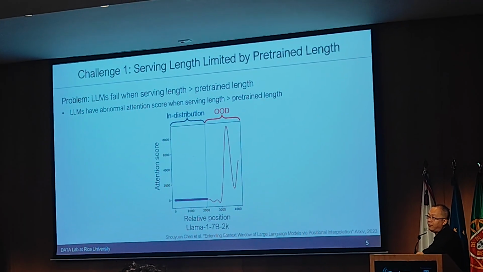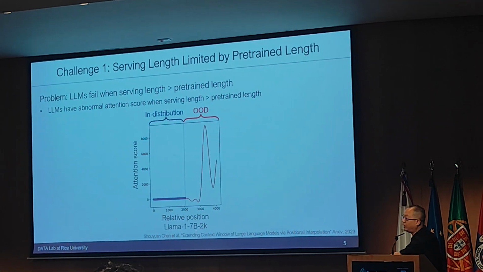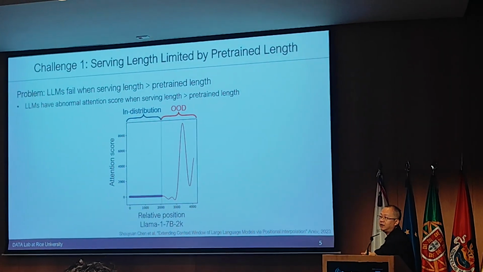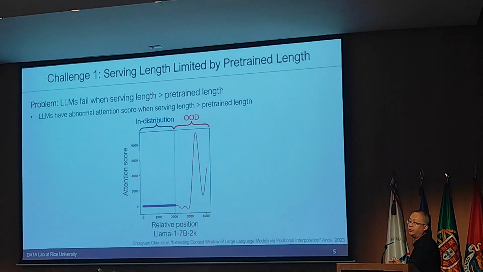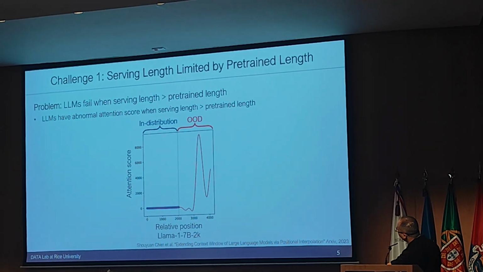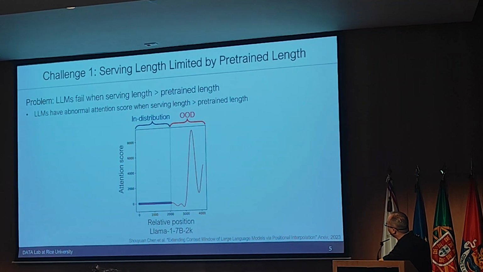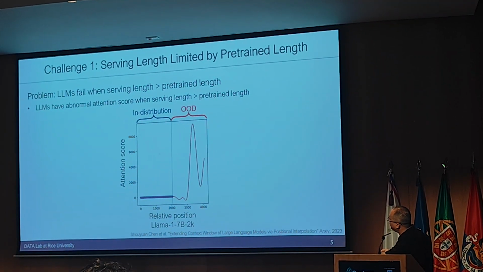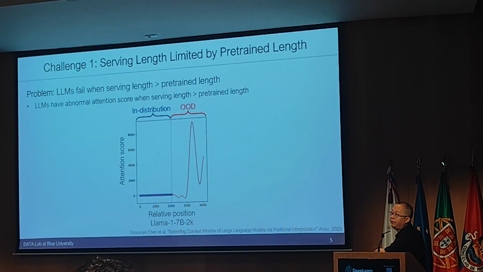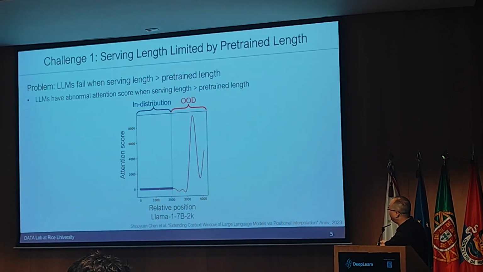It means at the time of training the model, we only use 2000 as a context constraint. No training data was longer than 2000 tokens. So when we serve the model and feed some testing data within 2000 tokens, the attention score tends to be very stable. It means it's working pretty well.